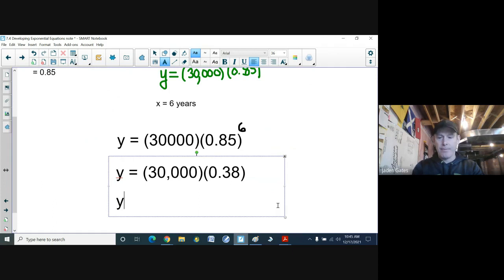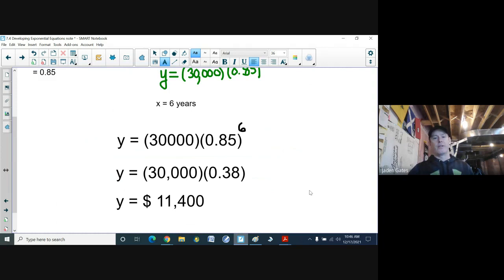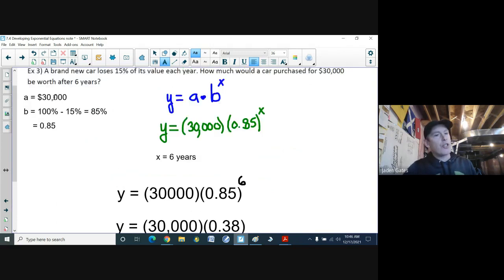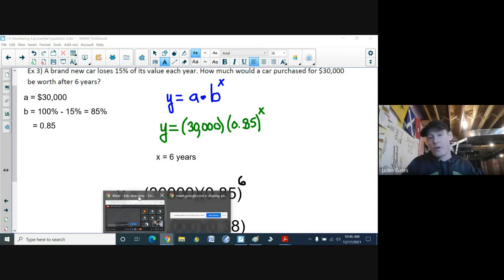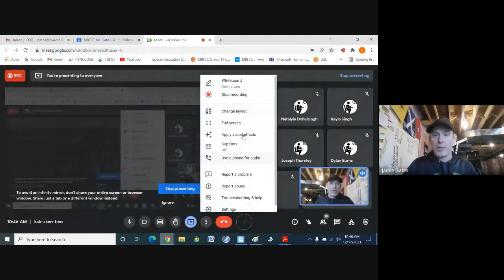Finally, the value of my car after 6 years, if you're lucky and it's in nice shape, because cars do drop in value a tremendous amount, would only be worth $11,400. And there we go. So that was an example of an exponential decay question. Again, your a is your starting amount. For b, you're starting with 100% of what you've got, and then you're either losing or gaining percentages after that, depending on whether you have an exponential decay or an exponential growth equation.